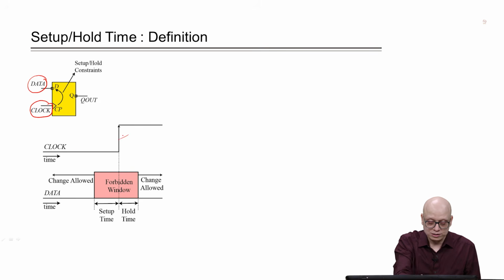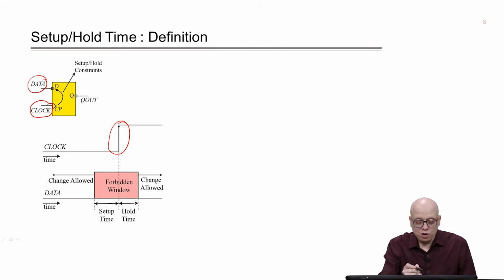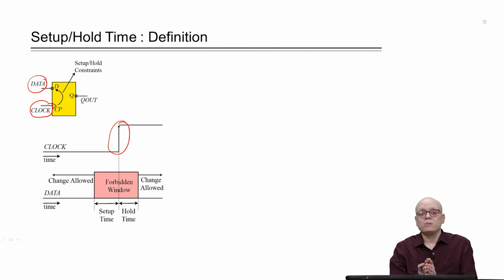Suppose this was the clock signal. So, we have a clock signal which is rising, and this is say the data signal. Now, if the data signal changes very close to this clock edge, then the data that will be captured by the flip flop cannot be reliably said to be 1 or 0.